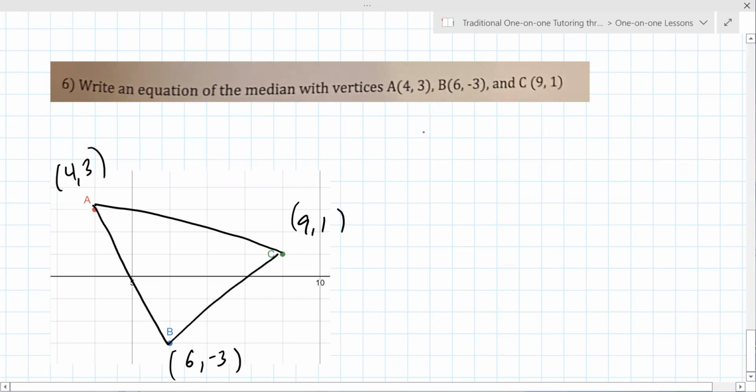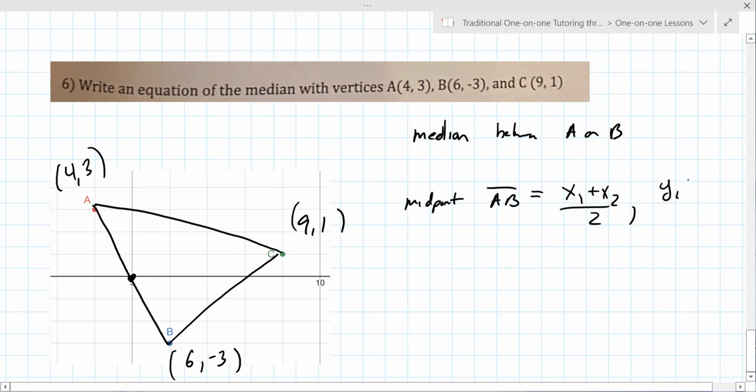So we're going to find the midpoint between A and B. That's x1 plus x2 over 2, y1 plus y2 over 2, like that. So you're going to use the points A and B. I want you to figure out the midpoint for me, please. The midpoint formula.